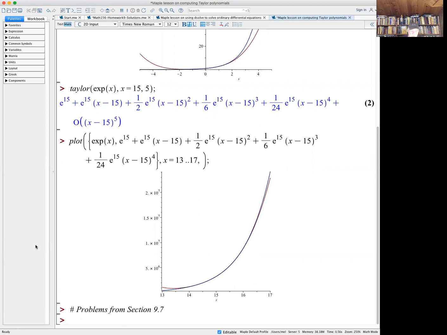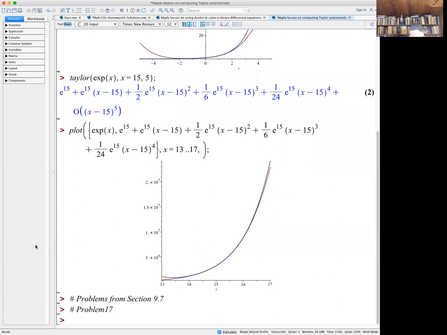Let's do number 17. So in this problem, we're looking at the function sine of x. I can just write sine of x.